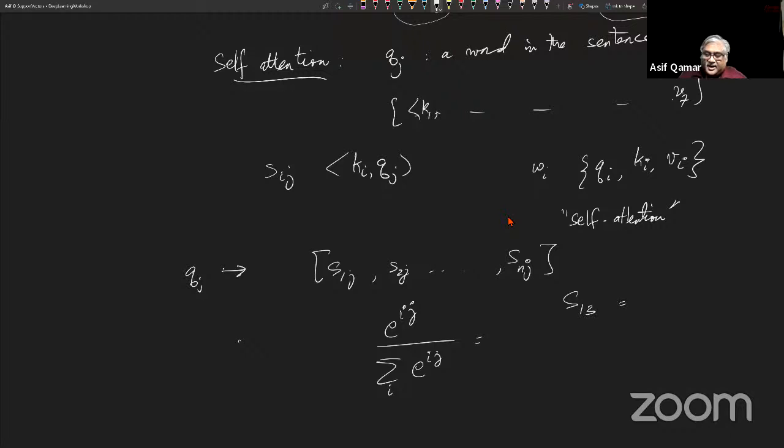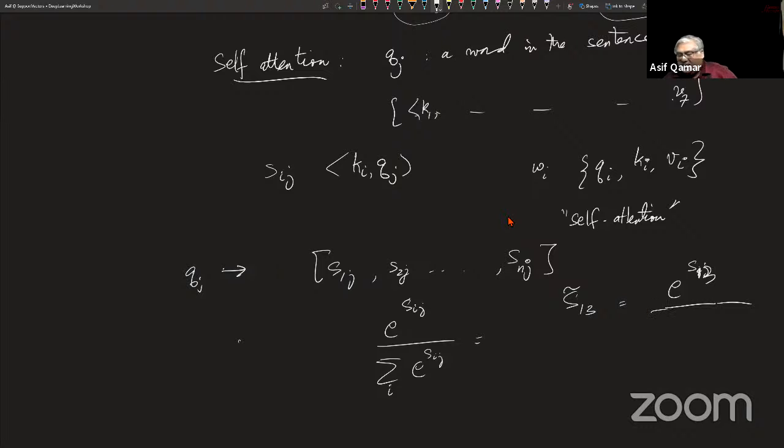So the new value, let me call it S tilde, is the similarity exponentiated, e to the Sij, or in this particular case 1 and 3, divided by the summation of all the similarities.